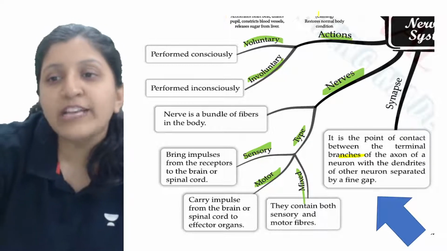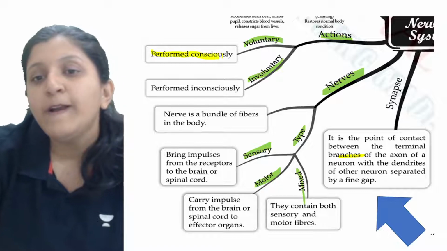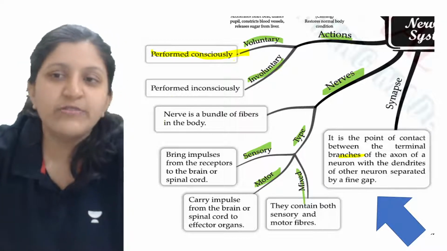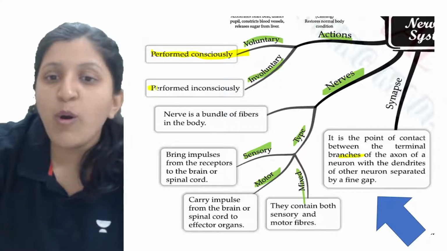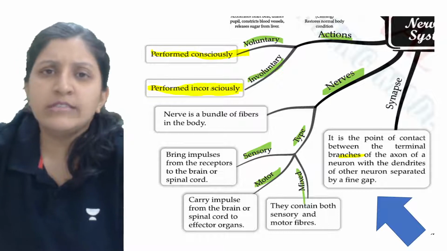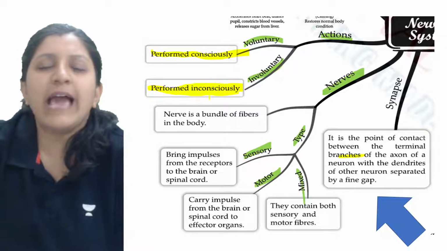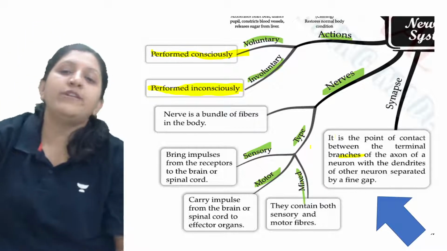When actions are performed consciously, which are under our control, we call them voluntary actions. Actions performed unconsciously, which are not under our control, are called involuntary actions.